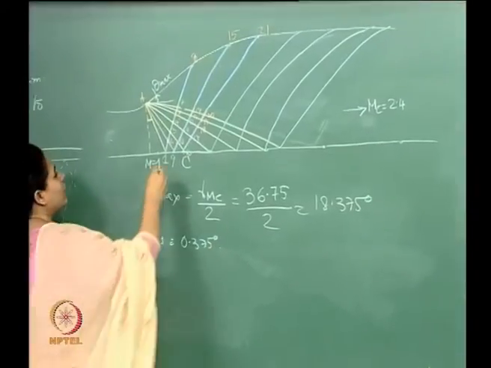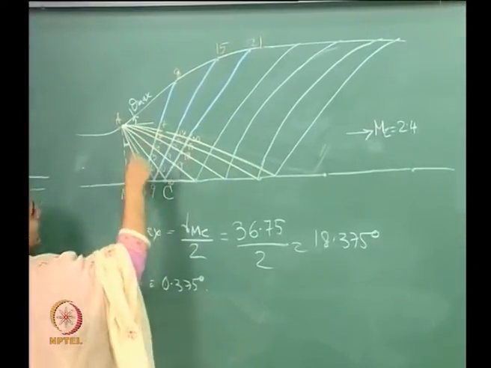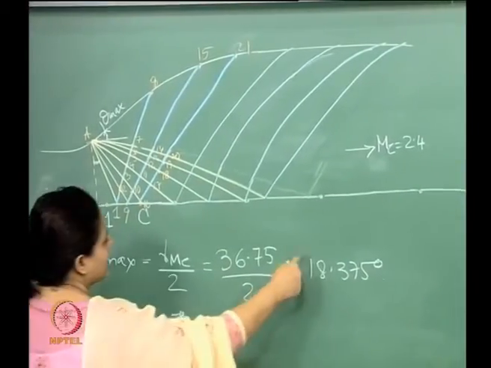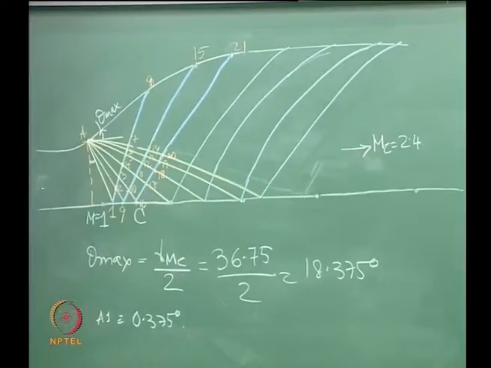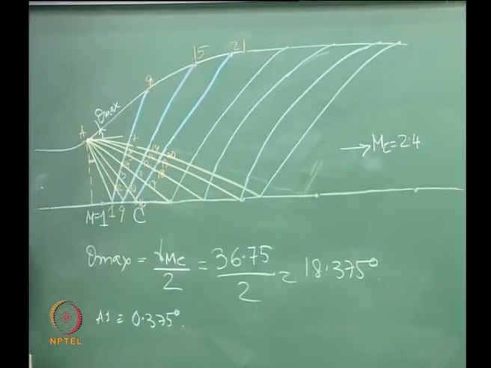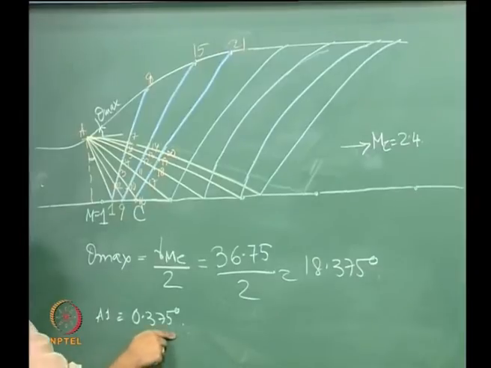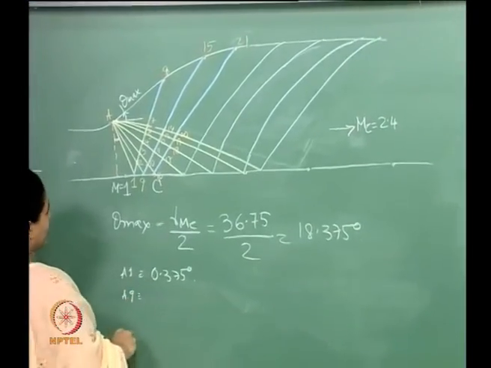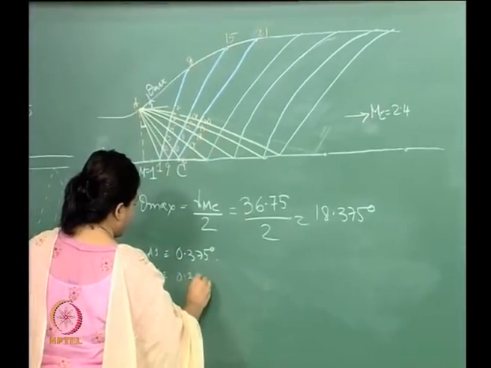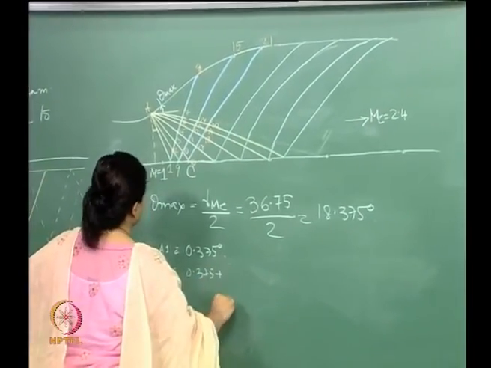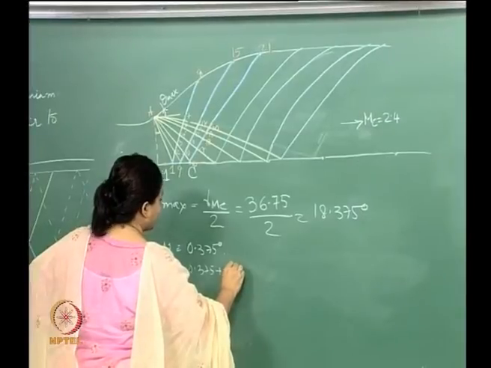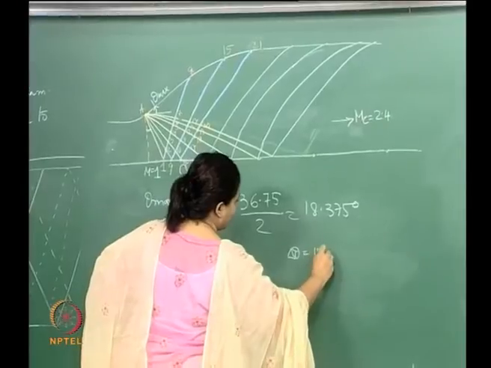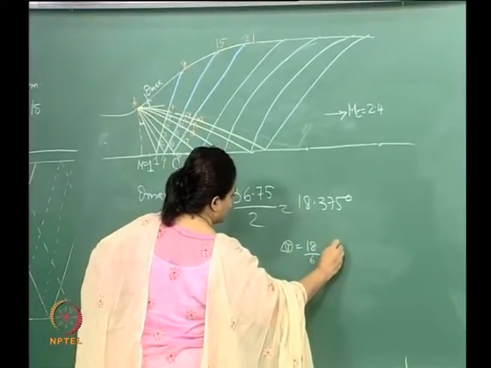Then the remaining 18 degrees is divided into 6 divisions, so my delta theta becomes 18 by 6, which is 3 degrees.